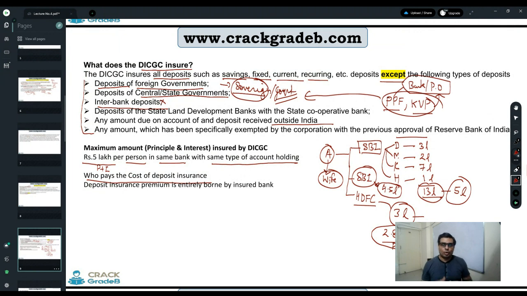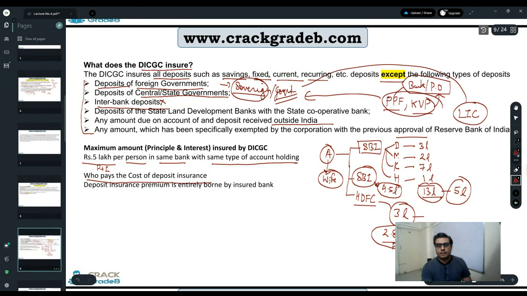Why? Because whatever money is taken by LIC is going to be invested by purchasing government bonds, or whatever is issued by the sovereign.